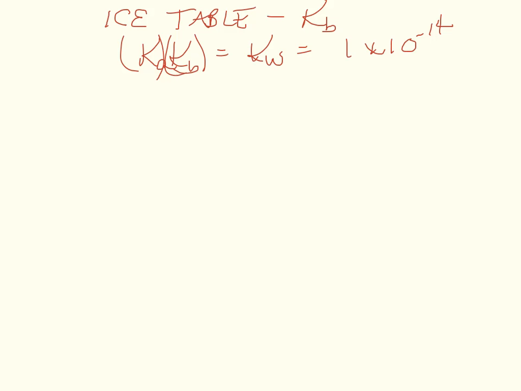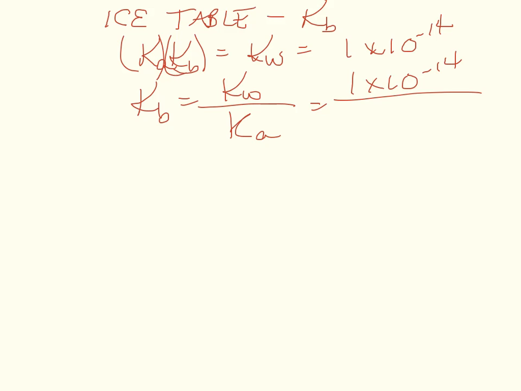And so Kb is simply Kw divided by Ka. 1 times 10 to the minus 14. The Ka for hydrofluoric acid given to us in this problem, 6.6 times 10 to the minus 4. So that means our Kb value is, let's see, 1.5 times 10 to the minus 11.